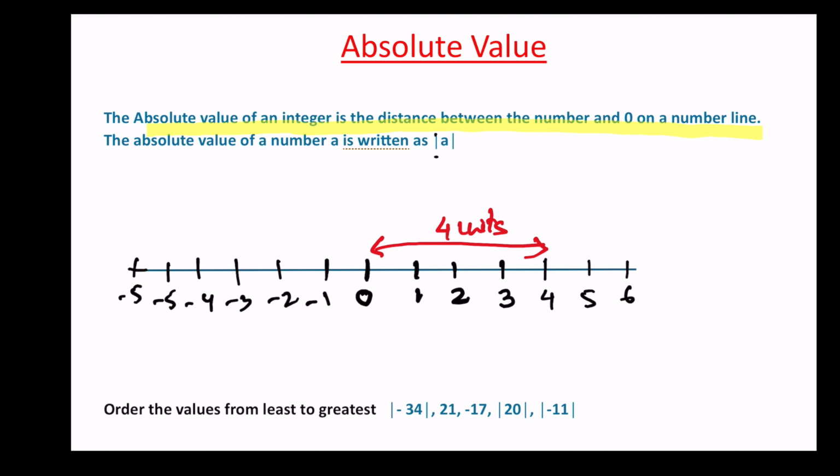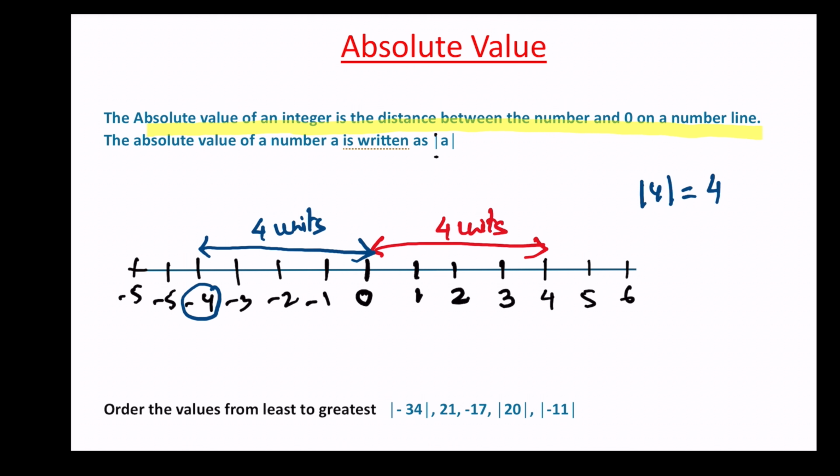Now let's talk about negative 4. Negative 4 is here. From 0 to negative 4, the distance is also 4 units. So the absolute value of 4 is 4.